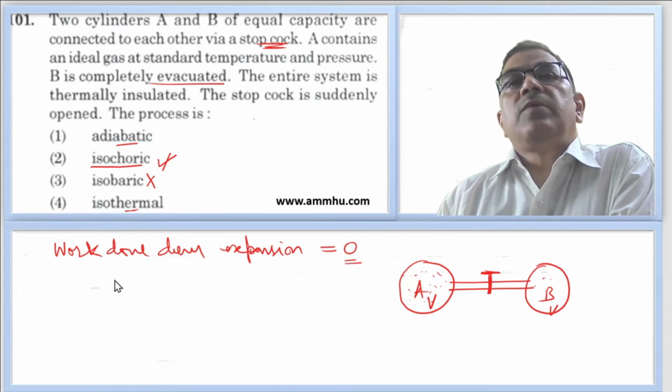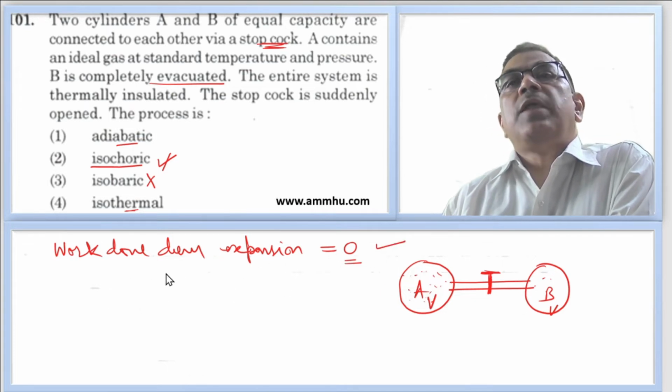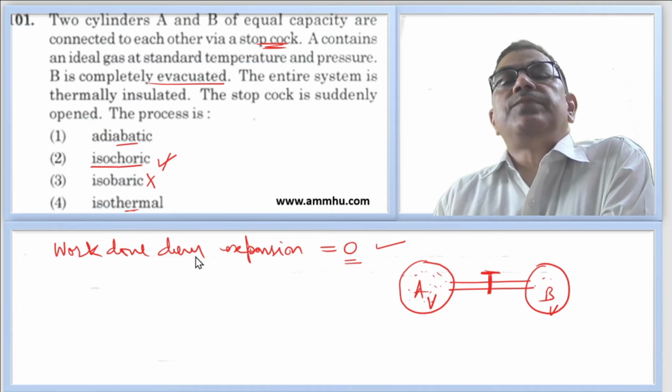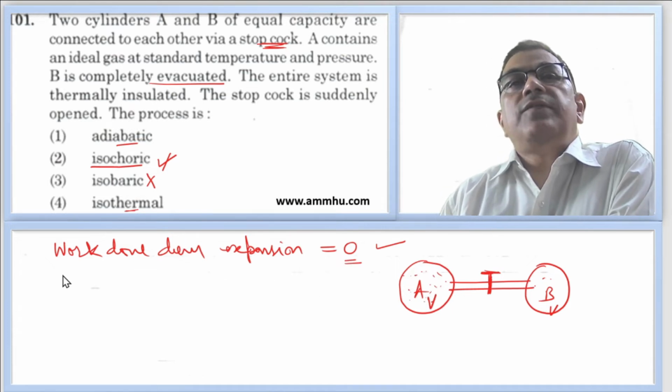So further we know that work done is equal to zero. Now because the work done is zero, we do not expect any change in temperature. So there is no change in temperature.